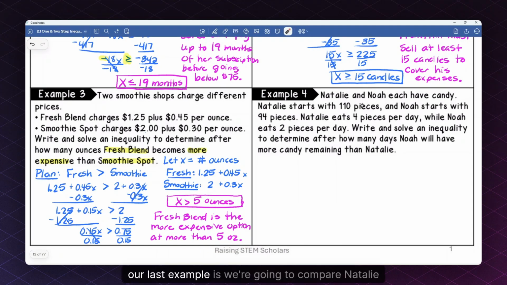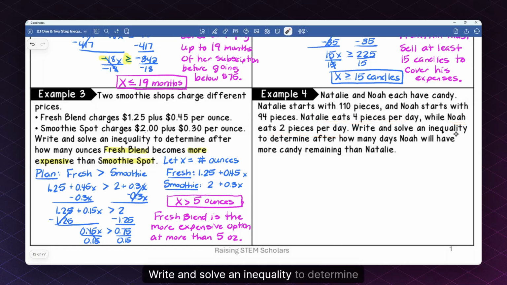Okay, our last example is we're going to compare Natalie and Noah and their candy. So it says Natalie starts with 110 pieces of candy. Noah starts with 94 pieces. Natalie eats 4 pieces a day. Noah eats 2 pieces a day.